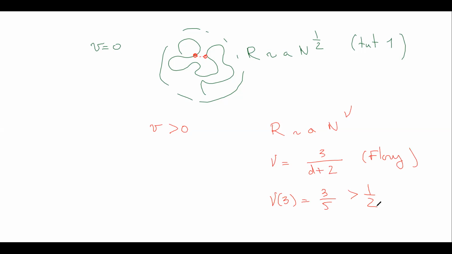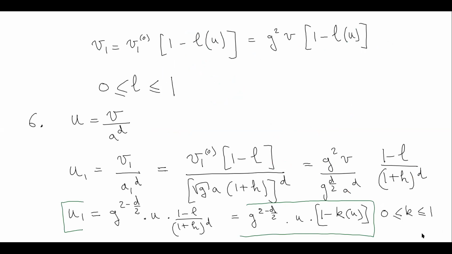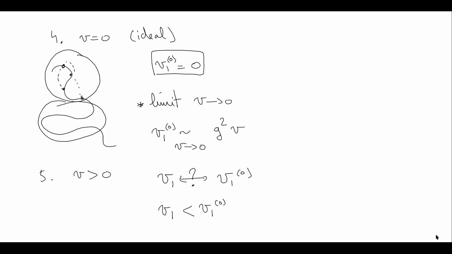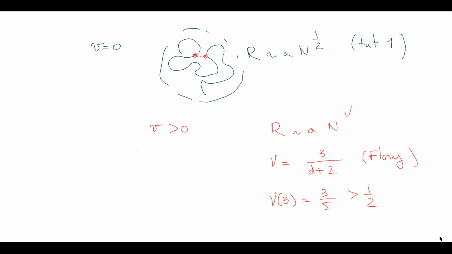Since we are talking about large numbers, we have this scaling analysis. All right, so your question was about, I think, this equation showing why H is positive, why the size is larger than the reference when there is no interaction. Okay.